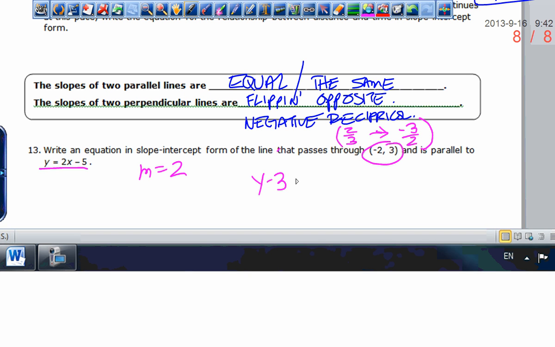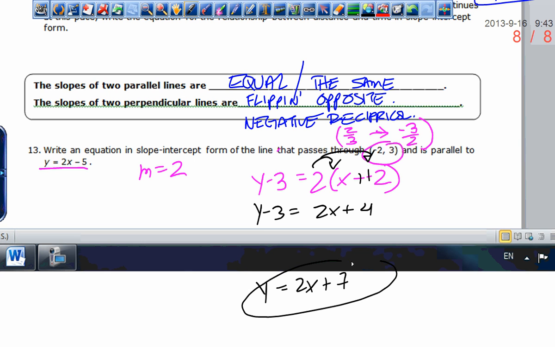Y minus 3 equals 2 times x minus negative 2. That's a plus. What do I do first? Distribute and then everybody get y equals 2x plus 7.